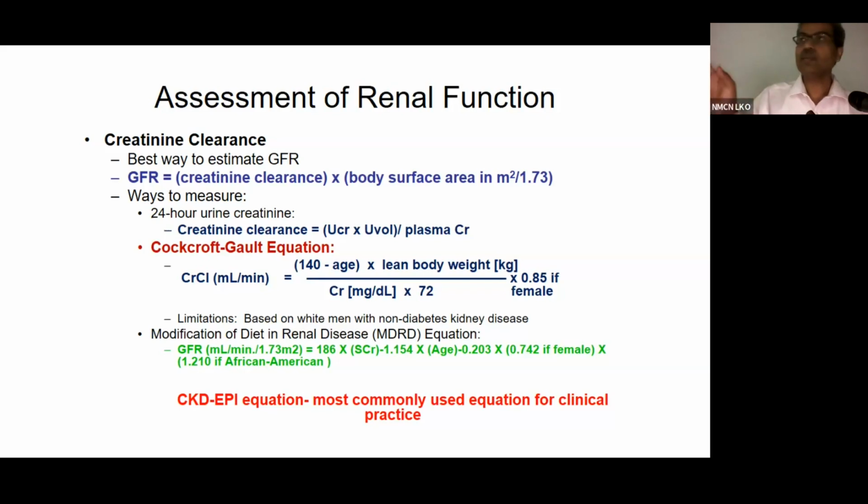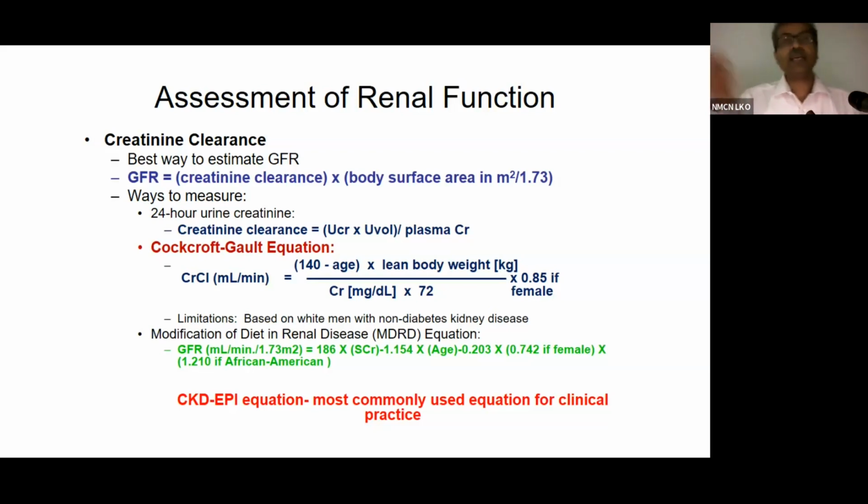You have to fill in the age, body weight, and serum creatinine value, and you will get the creatinine clearance value. Based on that creatinine clearance value or GFR, you can modify particular drugs. If anybody has any confusion at any point of time, do not hesitate to go back and read the leaflet of the drugs and how you can modify them.